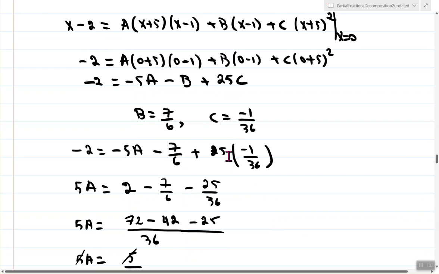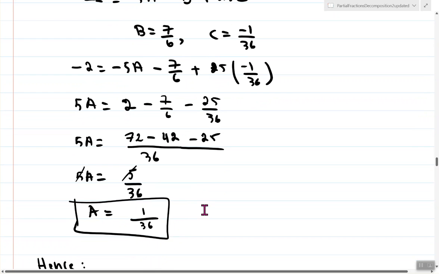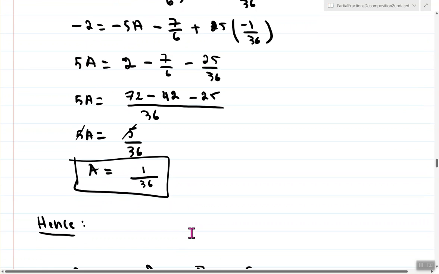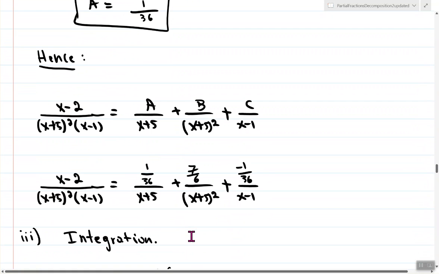First you multiply 25, you bring negative 5a to the other side, it becomes 5a. Negative 2 goes to the right side, it becomes plus 2. And then here you find the common denominator, and you end up with a equals 1/36. So we got a, b, c, all those constants to be determined.